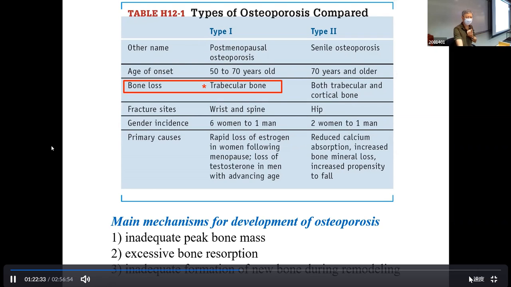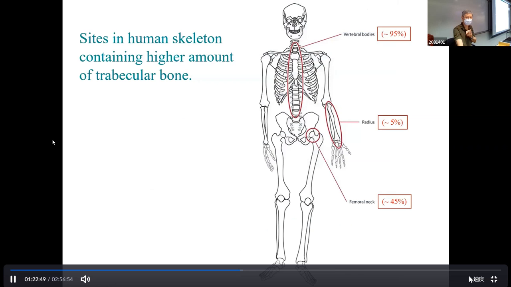Now, the main mechanisms for development of osteoporosis could be inadequate peak bone mass, excessive bone resorption, inadequate formation of new bone, etc. If you look at our whole skeleton, there are different parts of the body which have higher or lower amounts of trabecular bone.